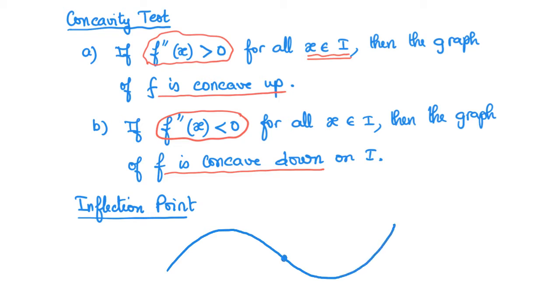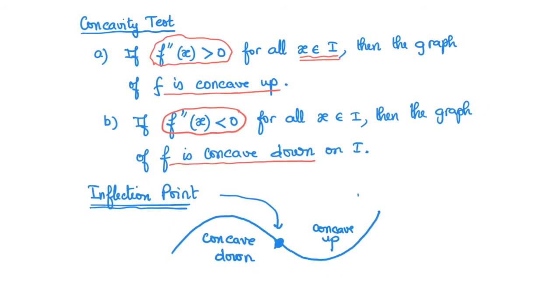So a point here is the inflection point. So here in this region the graph is concave down, and in this region the graph is concave up. Then this point where the change happens is called an inflection point.